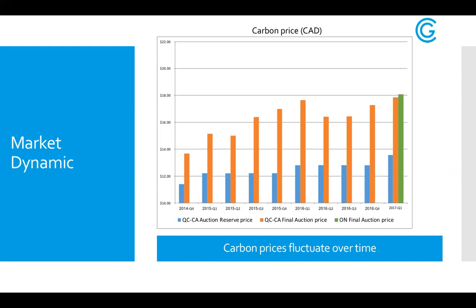Essentially, we see a very slight difference in the price from the California market compared with the newly in place Ontario market, essentially, as I mentioned before, due to the exchange rate that varied over the month that was separating those two auctions.